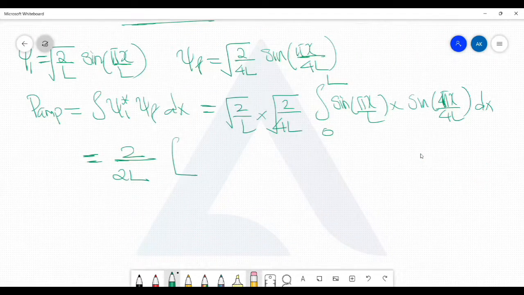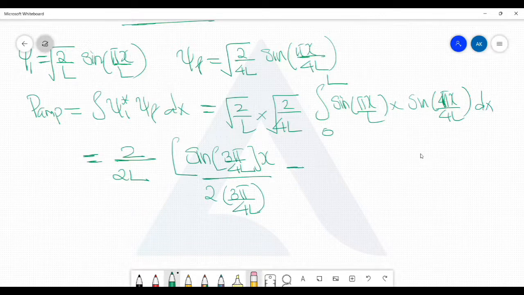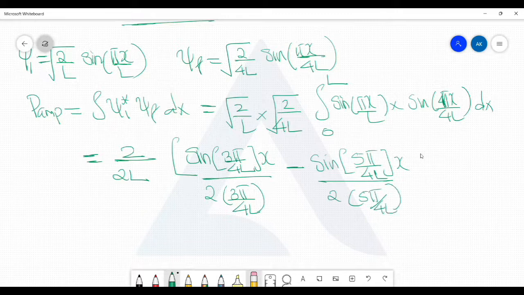That is sine of (pi by L minus pi by 4L), that is 3 pi by 4L, into x by 2 into 3 pi by 4L, minus sine of (pi by L plus pi by 4L), that is 5 pi by 4L, x divided by 2 into 5 pi by 4L, in the limit from 0 to L.